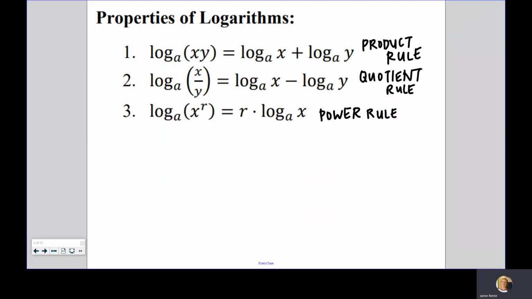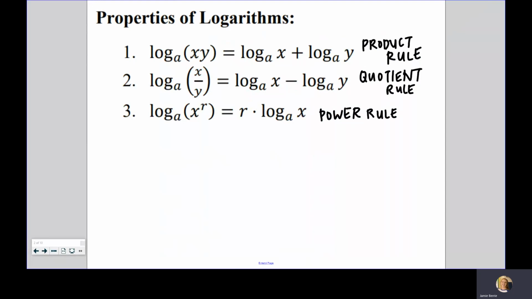These 3 properties are really important for helping us solve logarithmic equations. So it's important that you know how to apply these properties and when to apply them. The first property, the product rule, says that if you have log base A of x times y, then you can separate that into log base A of x plus log base A of y.